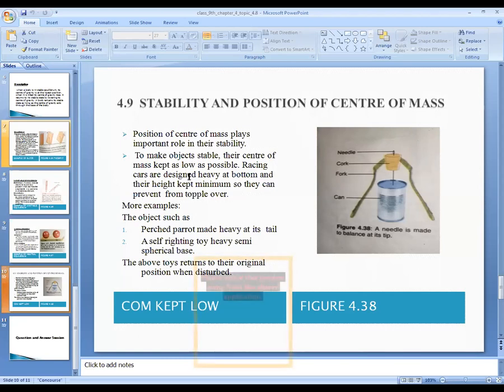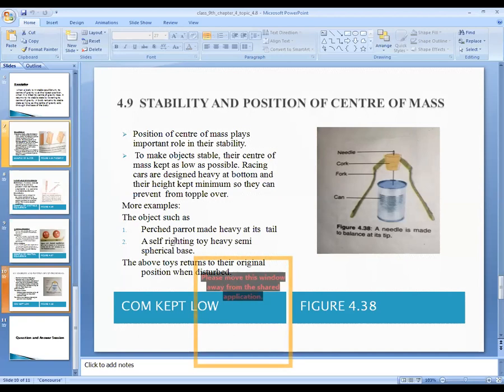Because a racing car runs very fast, and if it runs very fast, there is a chance of toppling over. So in order to keep them stable, their base is made very heavy or their height is kept as low as possible, in order to prevent toppling over or falling down.